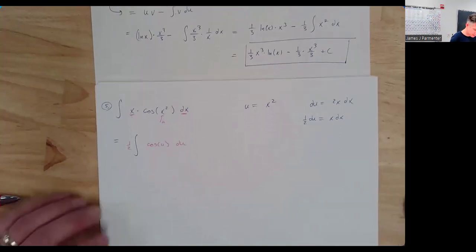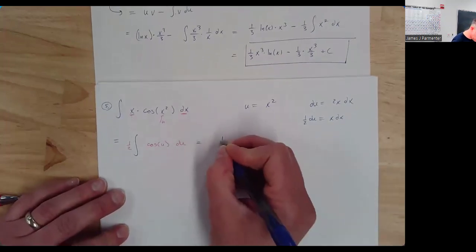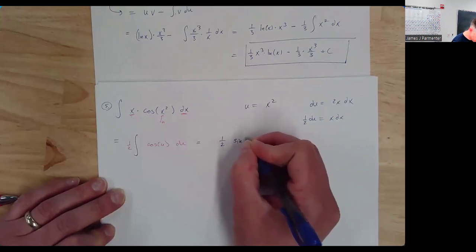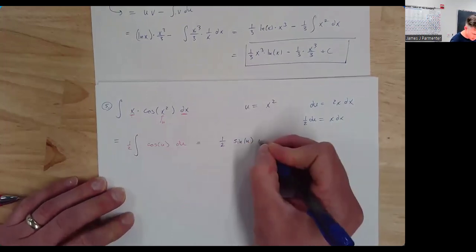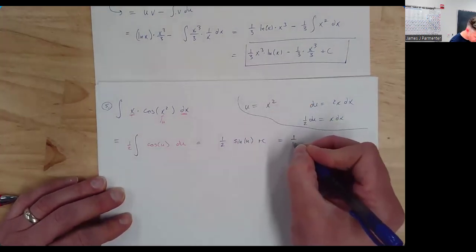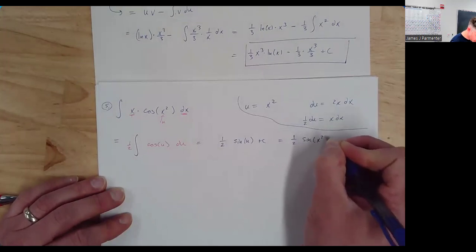We know how to anti-differentiate cosine of u. That's going to be 1/2 sticks around. Antiderivative of cosine is positive sine of u. And then we end up with 1/2 sine of x squared.